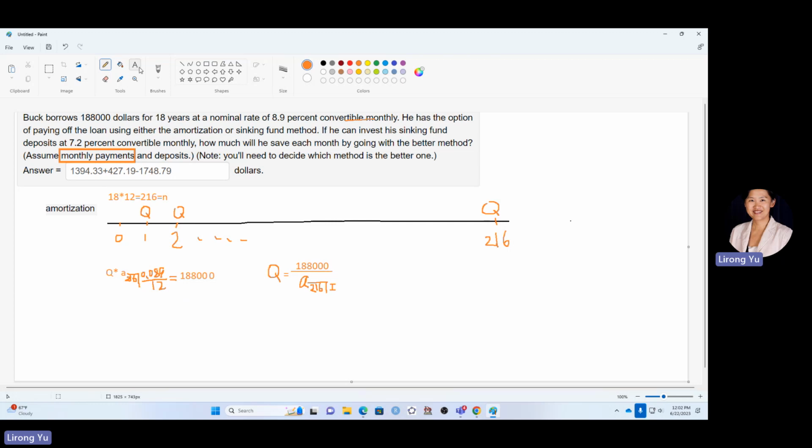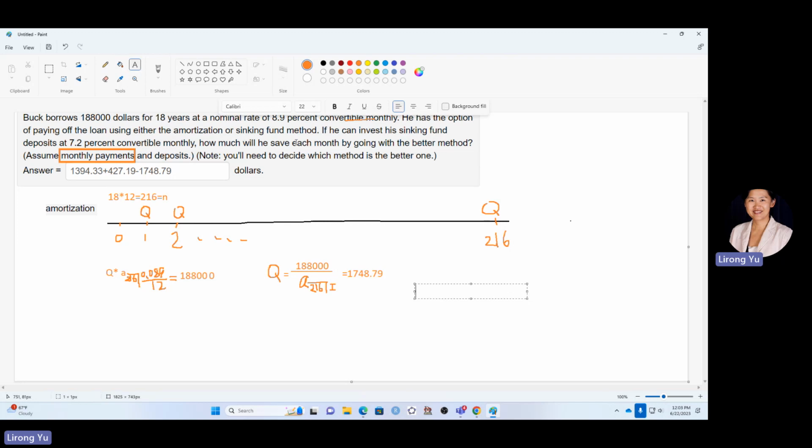If you calculate it, your answer should be 1748.79. So that's the amortization method. This Q amount involves reduction of interest first, and then the rest is amortization. For this payment amount, you don't have to do the amortization schedule or the table because we're considering an equal monthly payment.